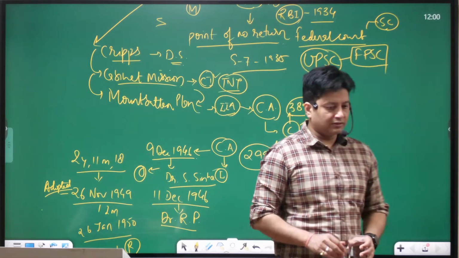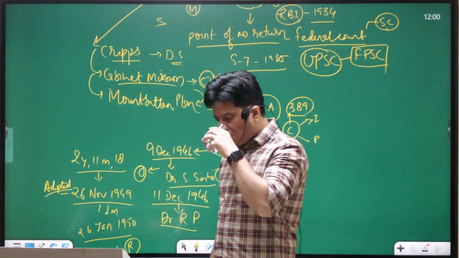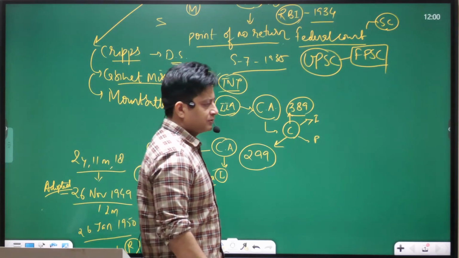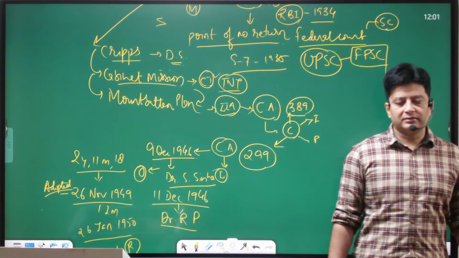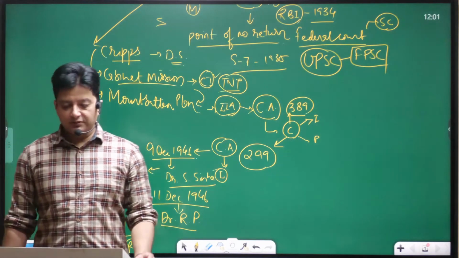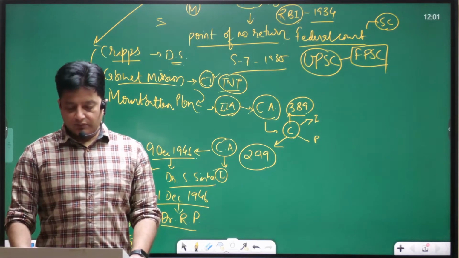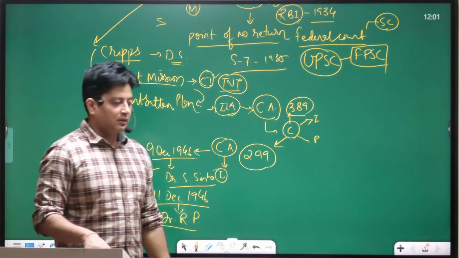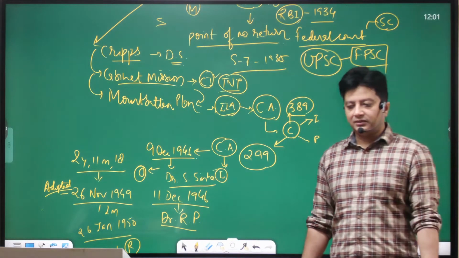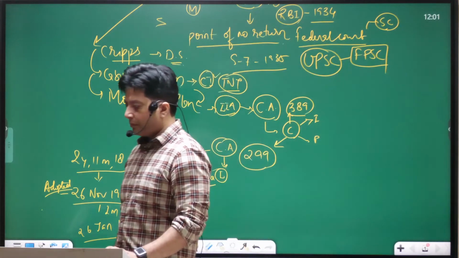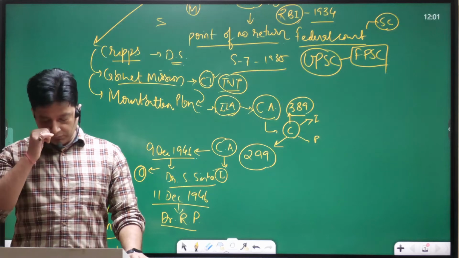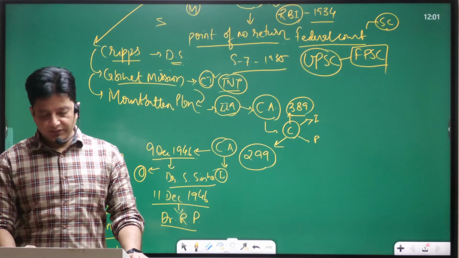Diarchy simply means two list system, which was introduced at the provincial level in form of reserved and transferred list.